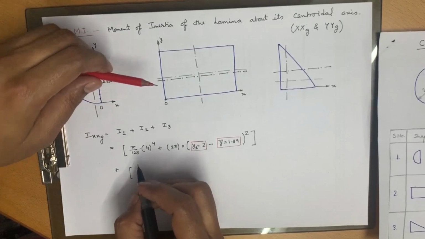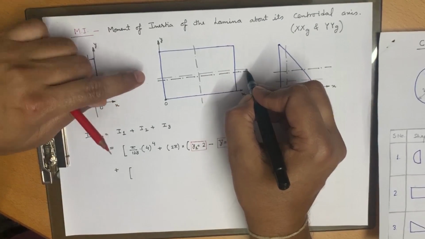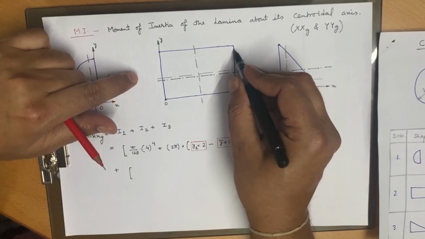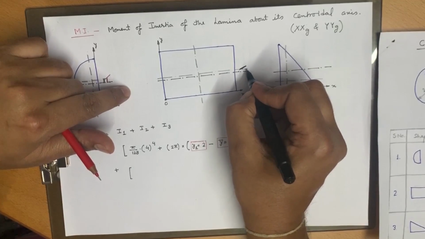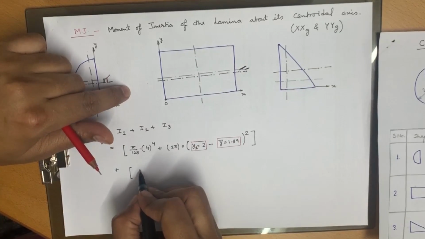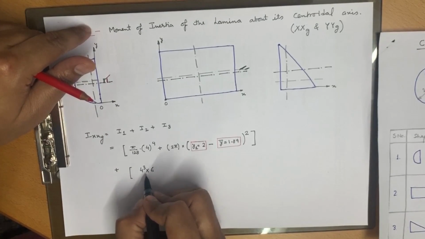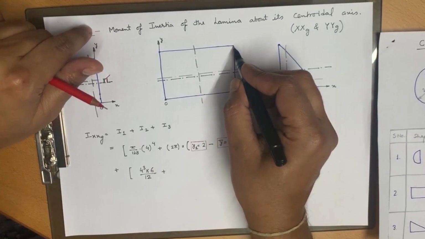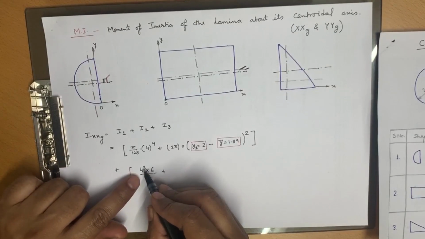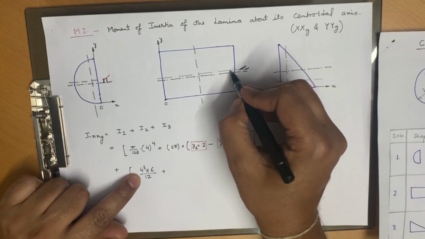Second is for this. Now we always know the moment of inertia of this shape about this axis is 4 whole cube into 6 upon 12, right? We have to cube that side which is cut by the axis line.